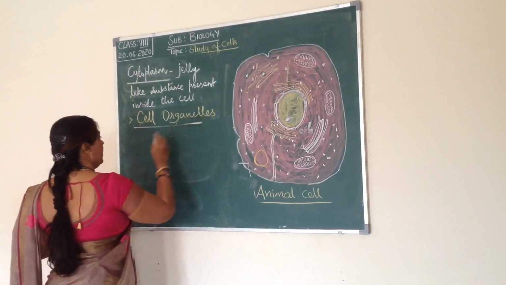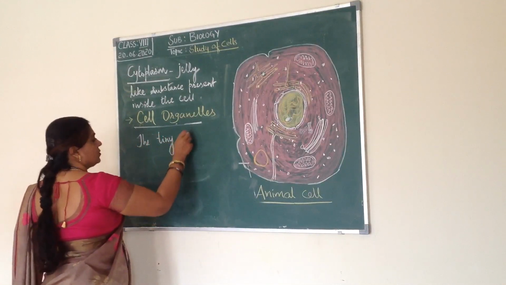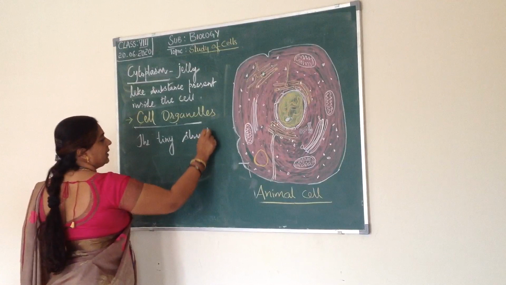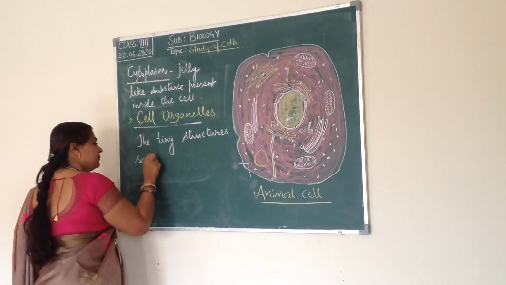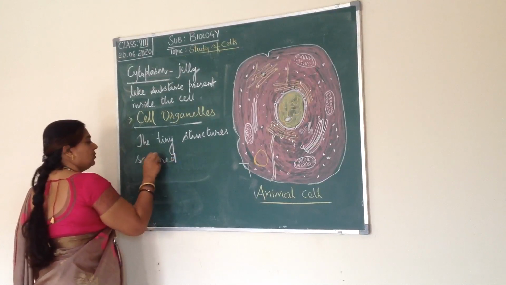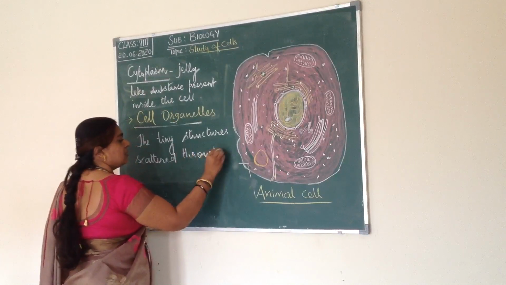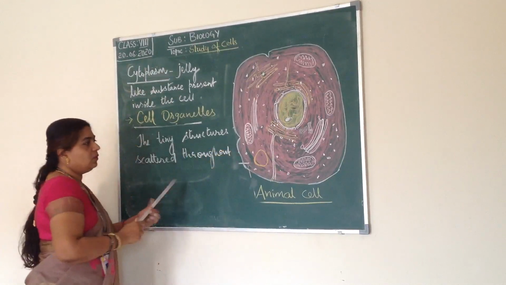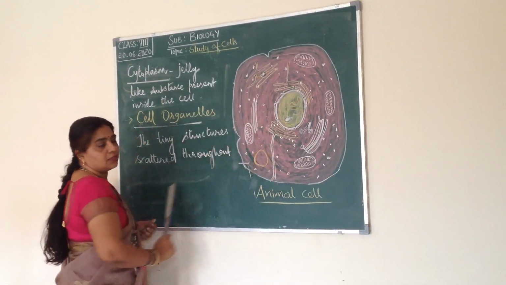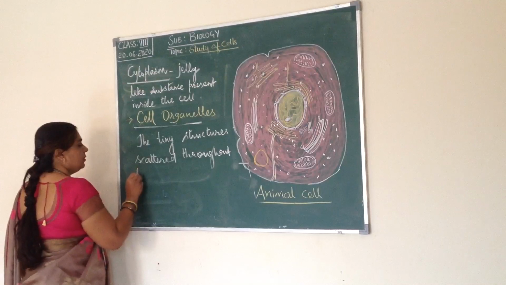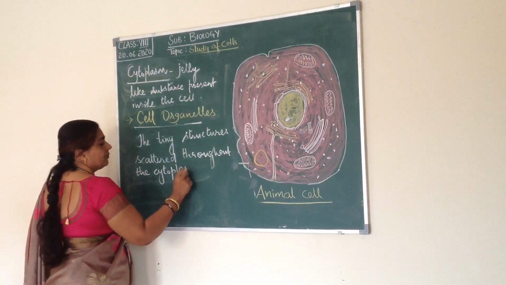Cell organelles are the tiny structures scattered throughout the cytoplasm. You can observe these structures spread throughout the cytoplasm.